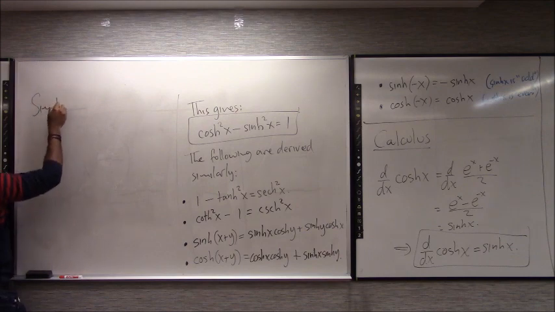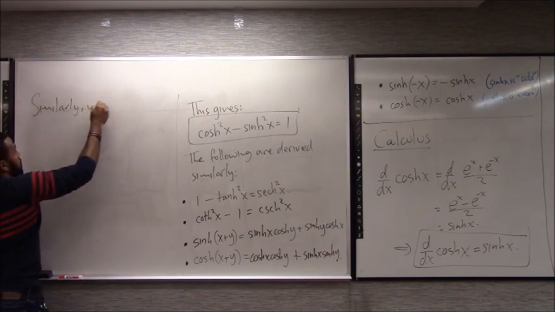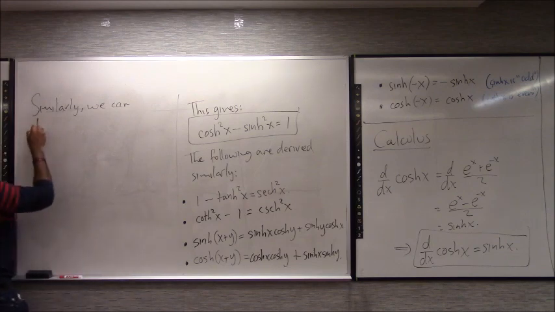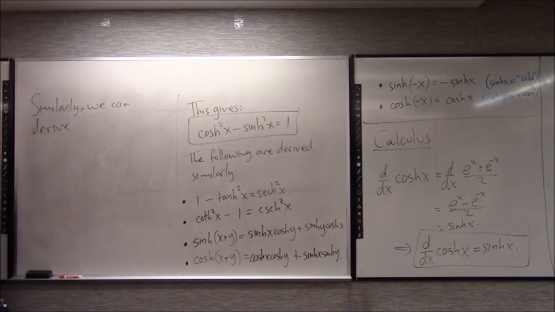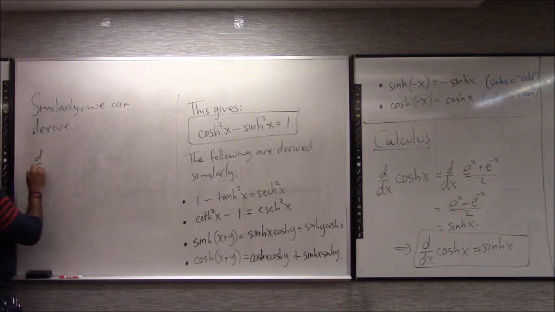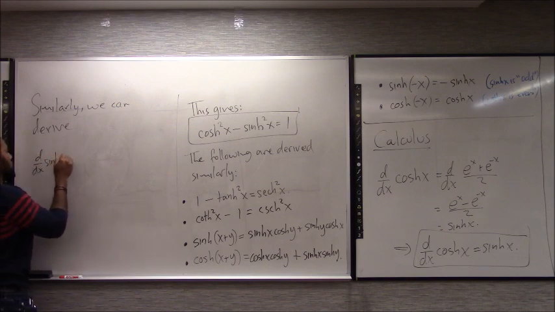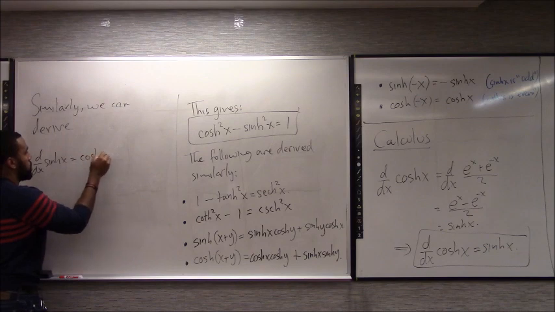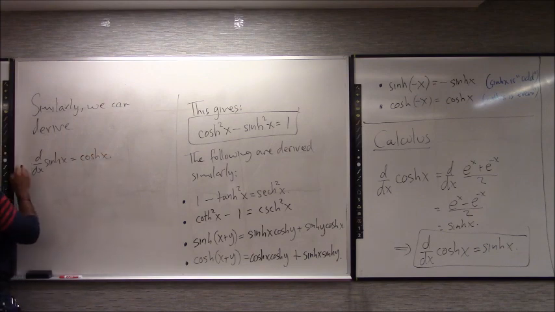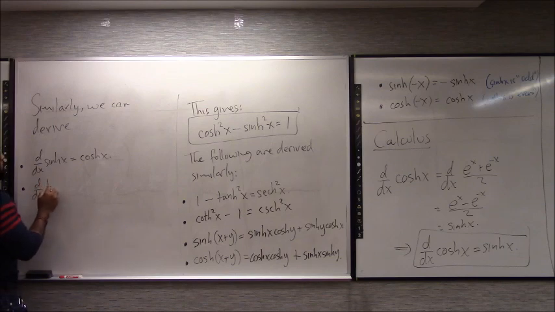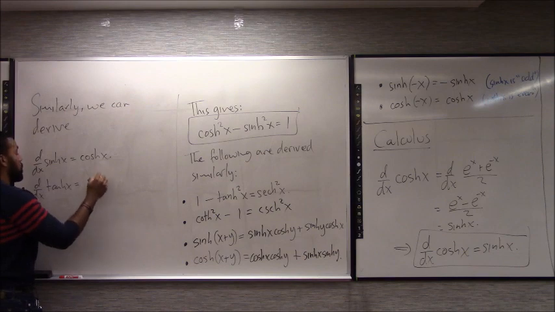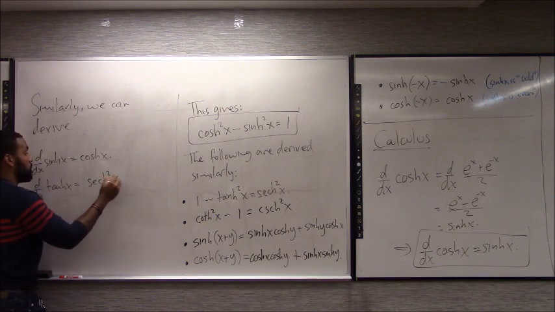Similarly, we can derive the fact that the derivative of the sinh is going to be the cosh. We can derive that the derivative of the tanh is going to be the hyperbolic secant squared.